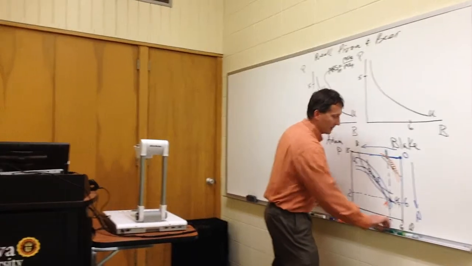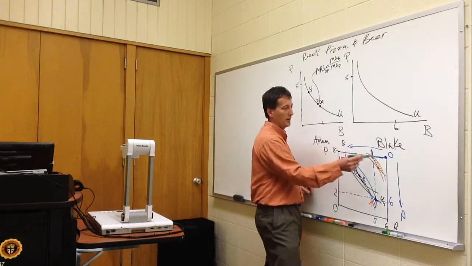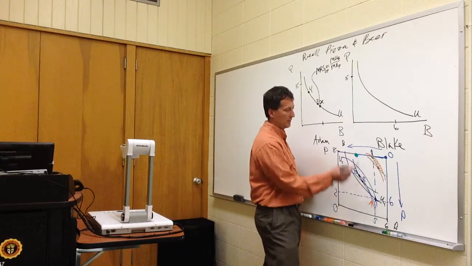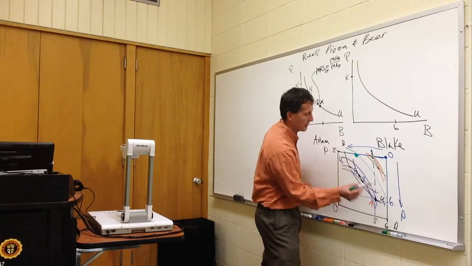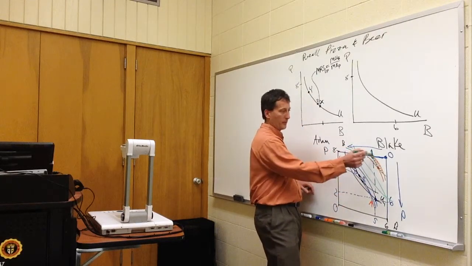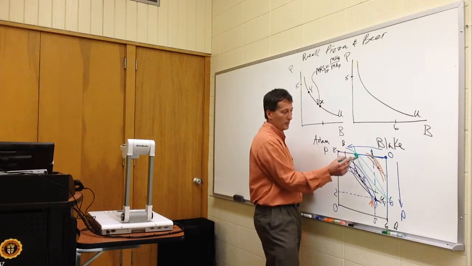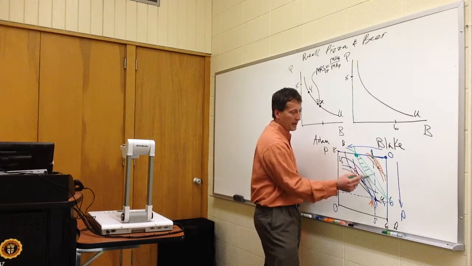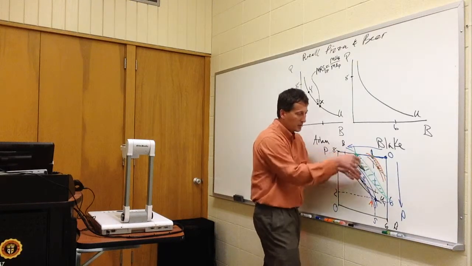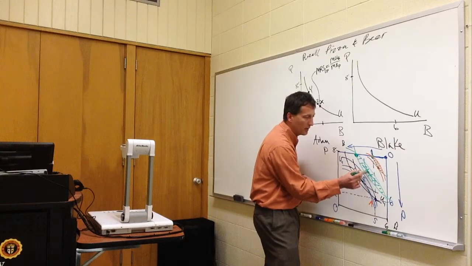So if the benevolent dictator comes in and says, Adam, you have to share, and we're going to take away part here and give it to Blake, and so we're going to reallocate the goods of society from here to here, as long as Blake and Adam are still able to trade with each other, they'll eventually come back to some equilibrium condition in the middle.